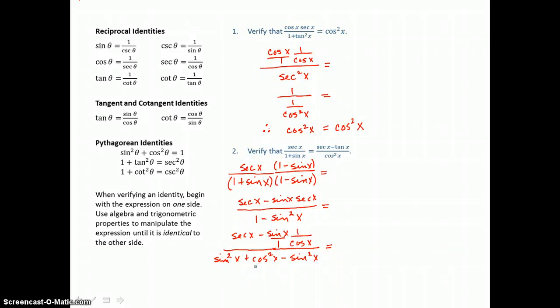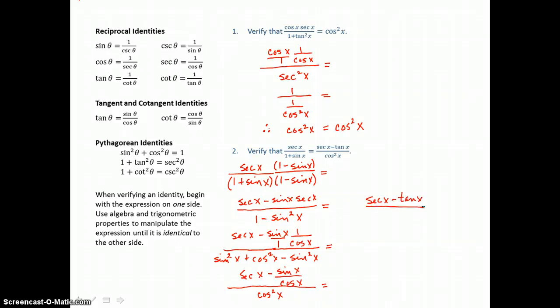Okay, and now in the top I have secant x minus that product, sine x over cosine x. And in the denominator, positive sine squared x and negative sine squared x sum to 0, so I'm just left with cosine squared x. Okay, and in the top, secant x minus, this is just the tangent identity, so I can replace sine x over cosine x with tangent x.